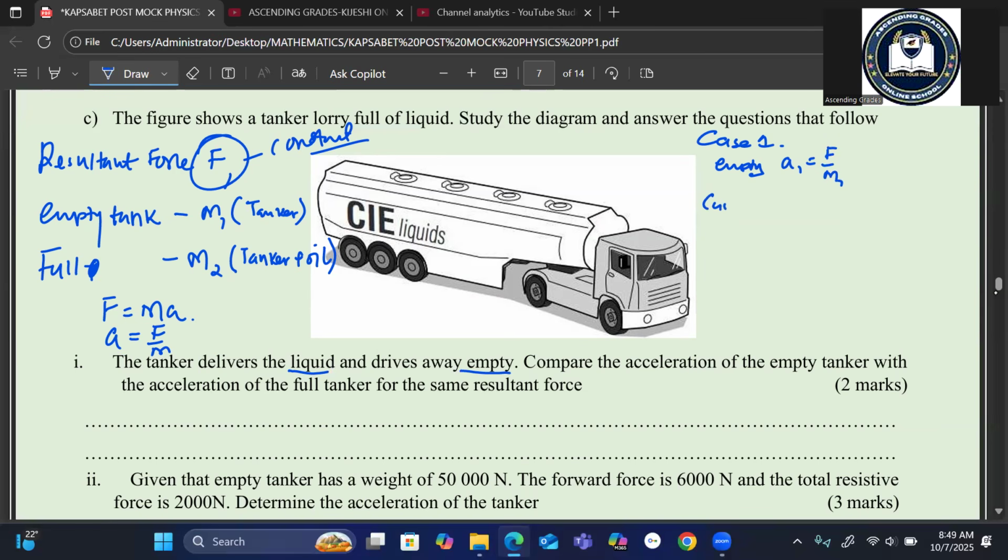Case 2, when it is full, our A2 will be given by force over M2.